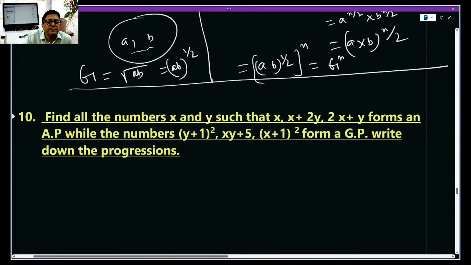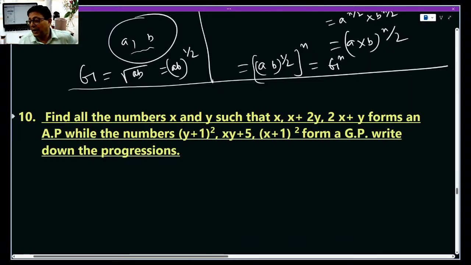Now let us go for this. Find all numbers x, y such that they form an AP while these numbers form a GP. Find all numbers x and y, so that these form an AP. As they form an AP, you can write the condition easily. What is the condition?